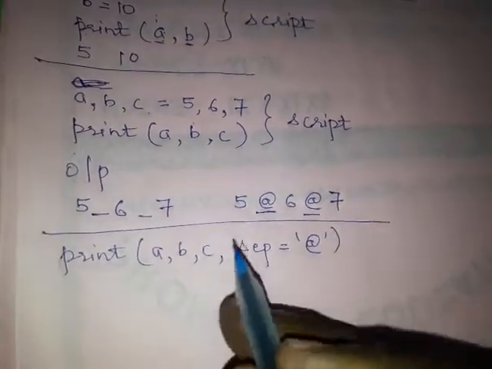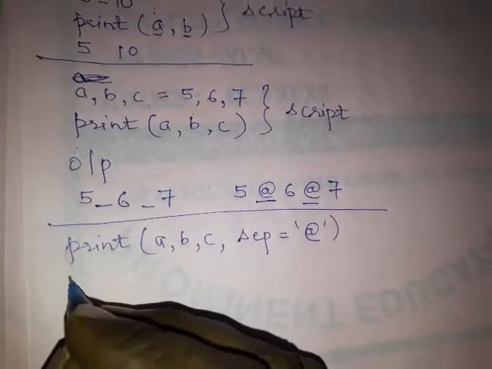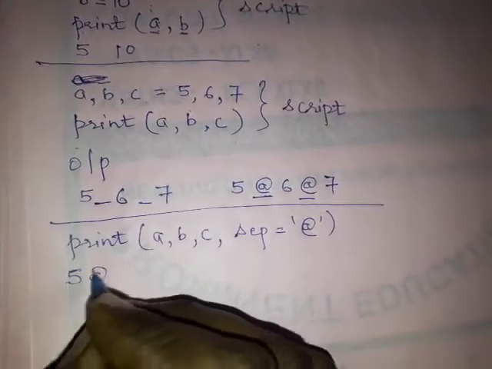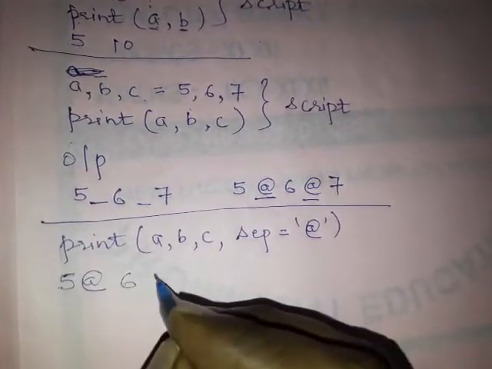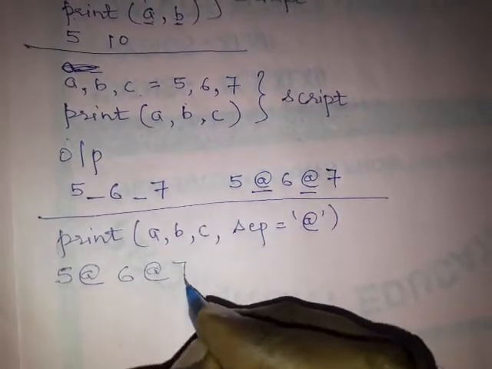When you write this, your output will be 5 at the rate 6 at the rate 7.